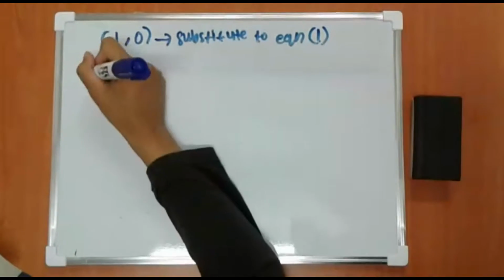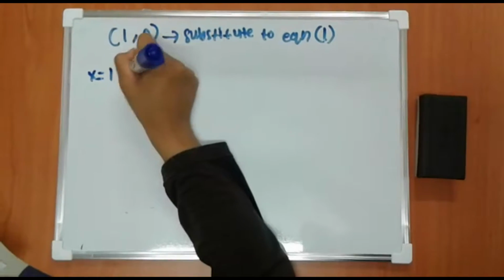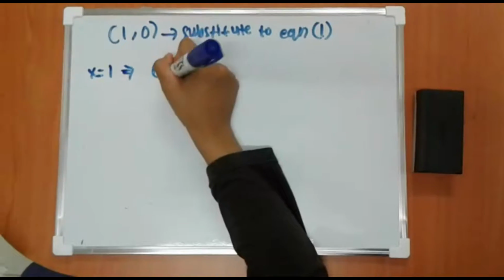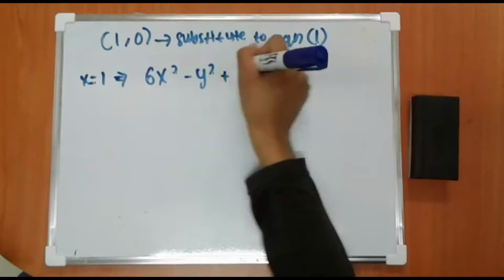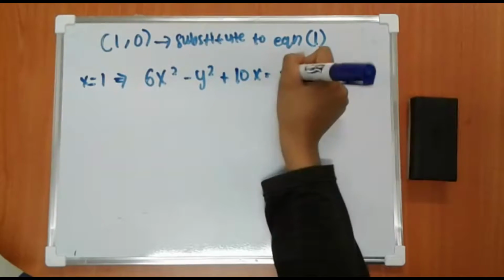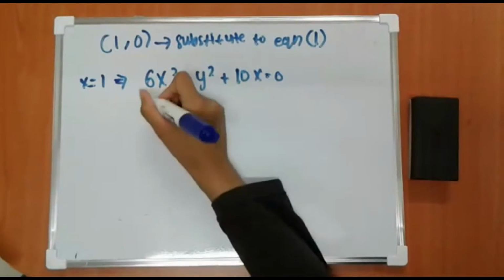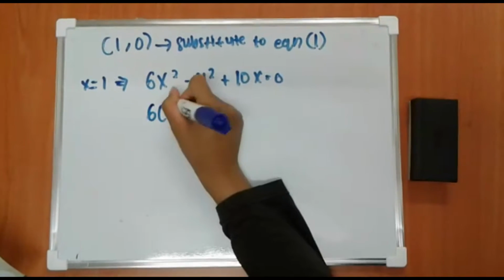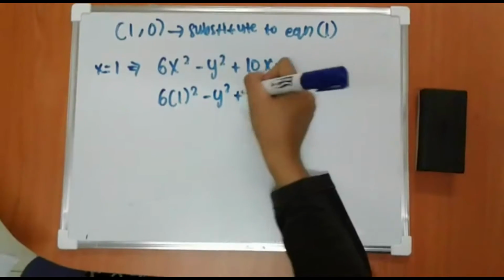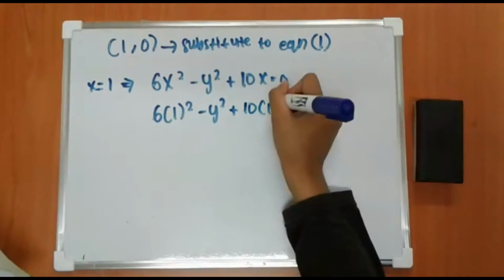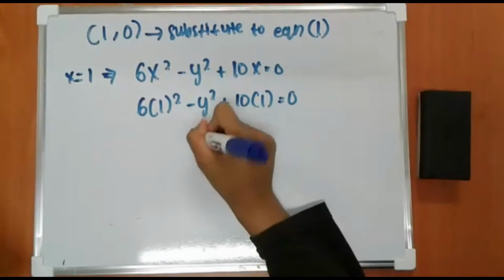So when we substitute x = 1 in the first equation, we will get 6x^2 - y^2 + 10x = 0. So substitute x = 1, and we will get 6(1)^2 - y^2 + 10 = 0.